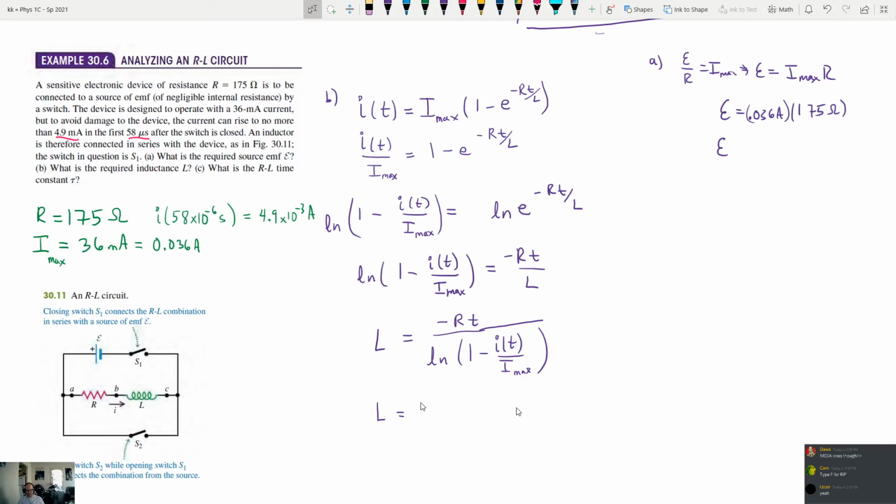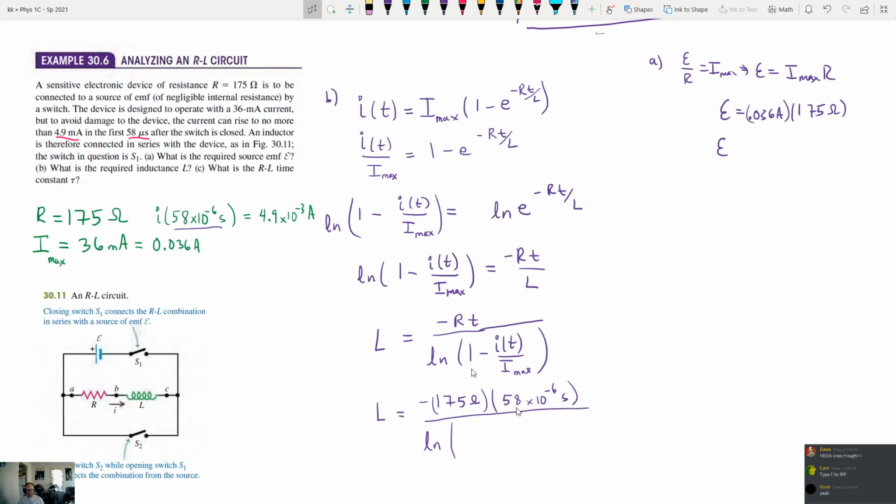Now we plug in our numbers. So it's negative R, which is 175 ohms, times T. The information we have for T is that the time is going to be this time. So 58 microseconds. All divided by the natural log.